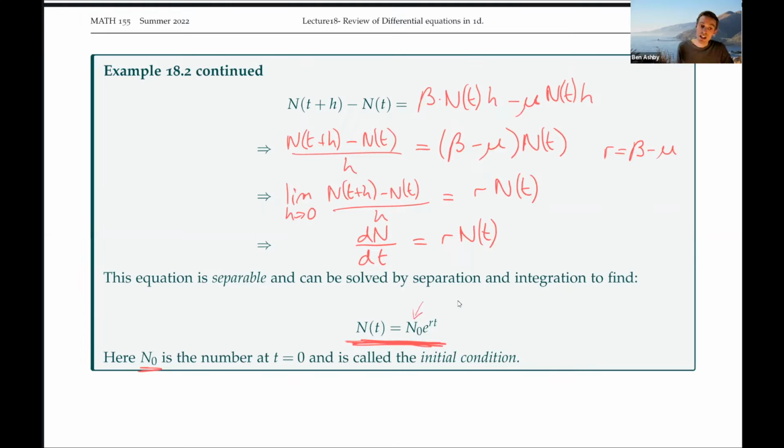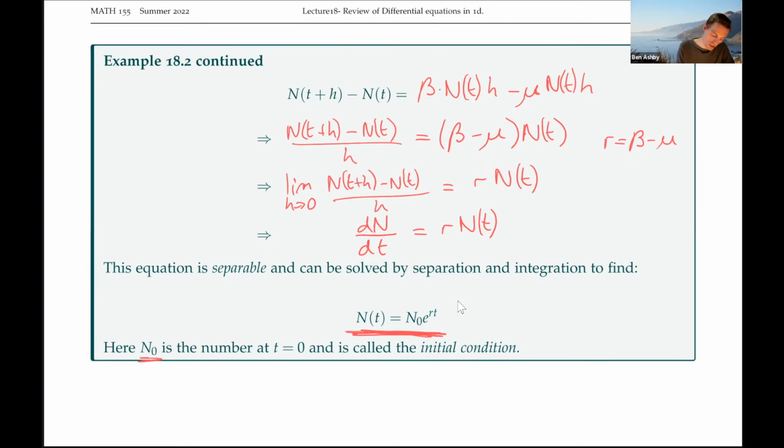So this gives us exponential population growth or decay, depending on the value of r. So this n naught is our initial condition, and the r tells us whether the population is going to grow or decay. So this equation here is a general solution to our differential equation, our ODE, which is here.